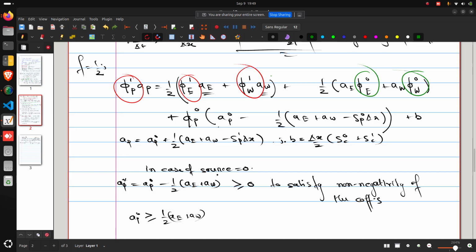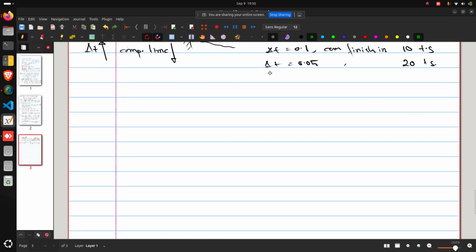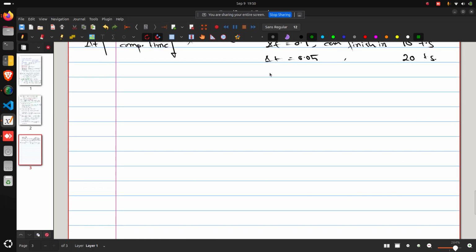So we will again end up with a system of linear equations which we have to solve using either line by line TDMA or Gauss-Seidel or Jacobi. This will again take some extra computational effort, but what I wanted to convey is that the different time stepping schemes that we have seen here will allow us to choose the appropriate time step depending on the problem.